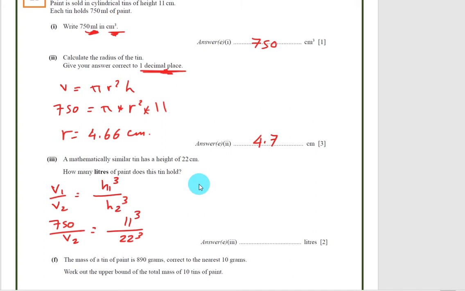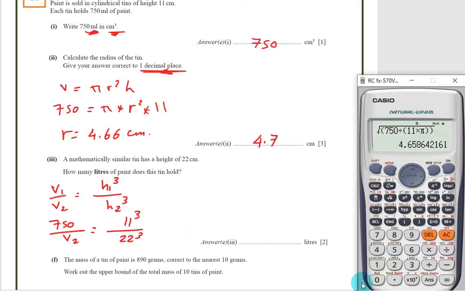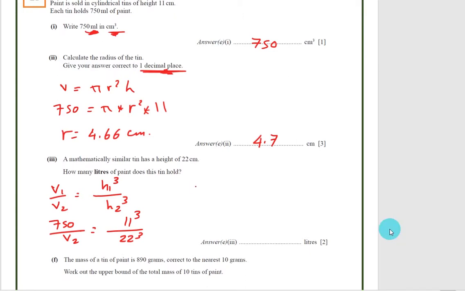So V2 is 750 times 22 cube divided by 11 cube. So the volume will be 6,000 milliliter.